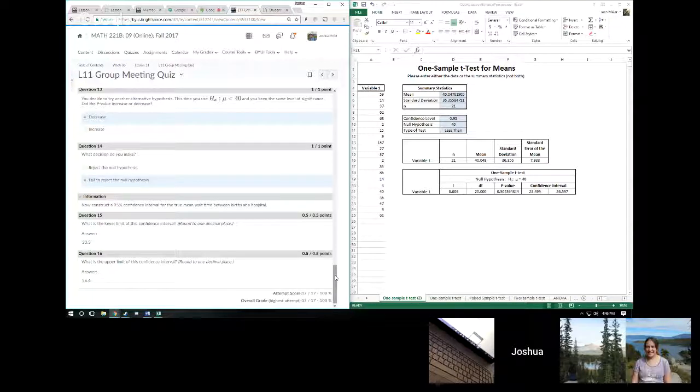So 23.499 and 56.597. They want us to round to 1 decimal. So the lower limit would be 23.5. What is the upper limit? 56.6.